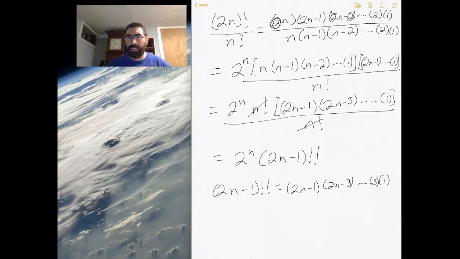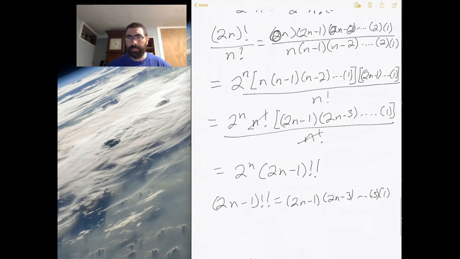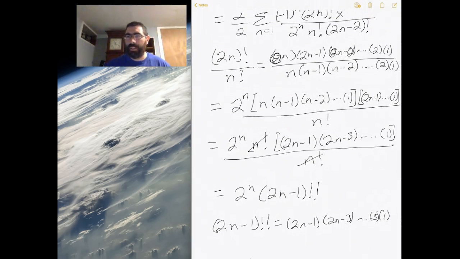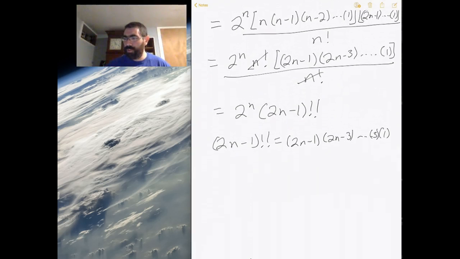So I've simplified the 2n factorial divided by n factorial into 2 to the n power times the double factorial right here. Okay, so let me put that back into the equation.